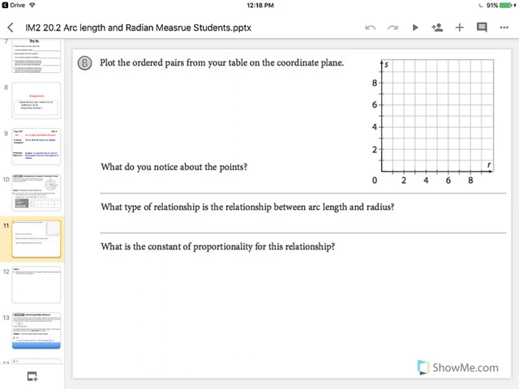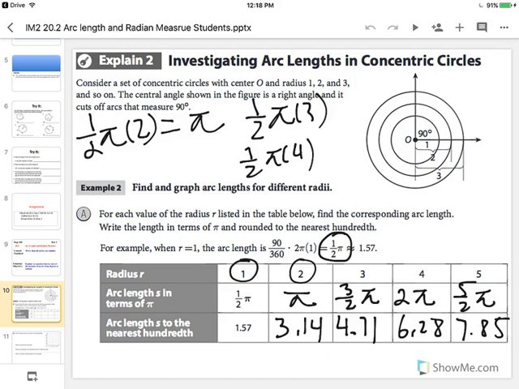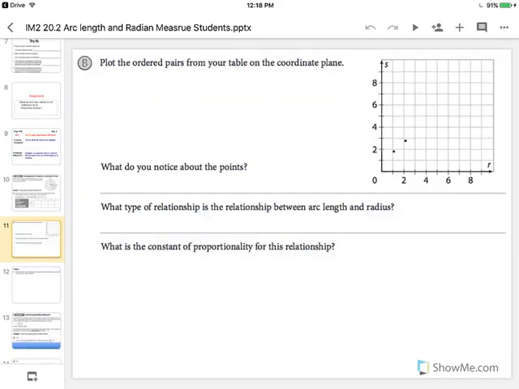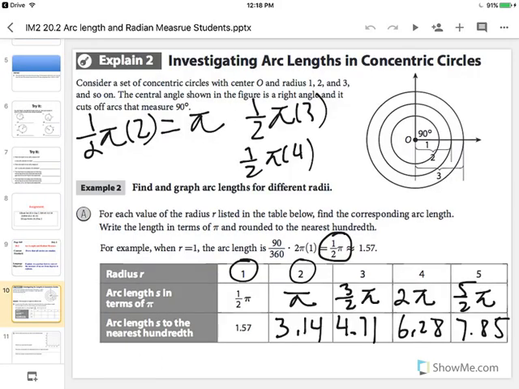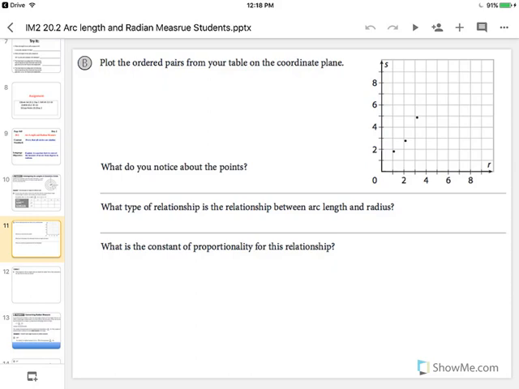Then they want us to plot those points. So we have 1 and 1.57. I'm just going to approximate here. When the radius is 2, we get 3.14, so maybe there. For 3, we get 4.71, so maybe here.